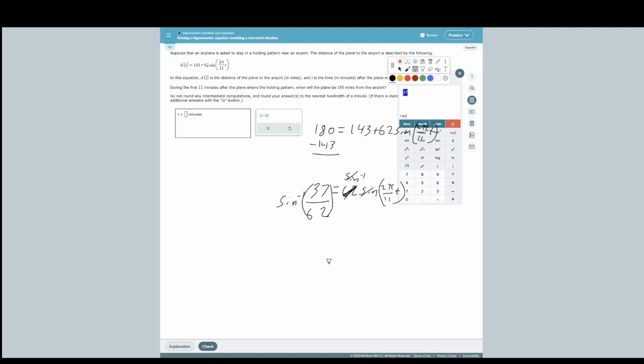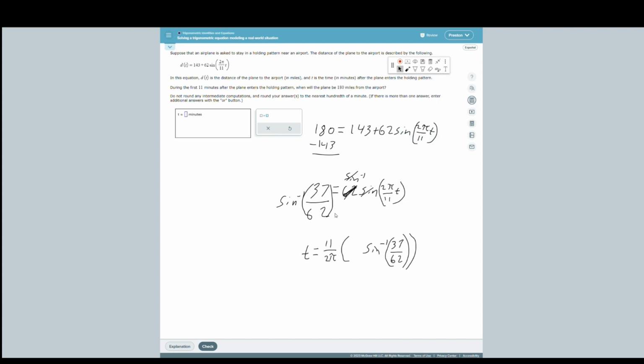Just like with the other ones, we multiply by the inverse of 2 pi over 11 to separate it from the t value, which looks like t equals 11 over 2 pi times arcsine of 37 over 62. Honestly, the sines are easier than the cosine values on this, because that's where we run into trouble.